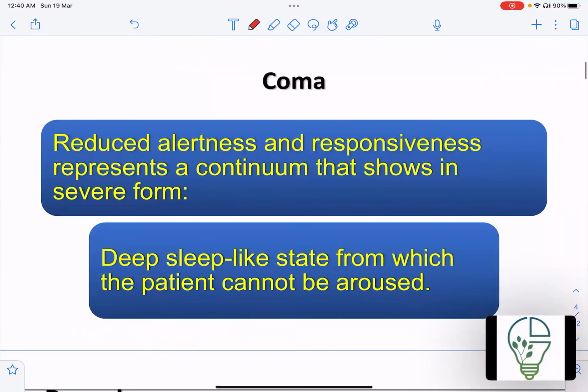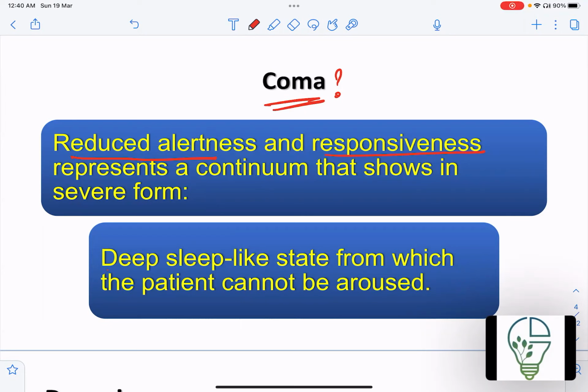So moving on, what is coma? We've all heard this term at least once in our life, either through somebody we know who is affected by it, or through movies or series. So what is coma? Coma is basically reduced alertness and responsiveness. And it could be continuous, it could be intermittent, or a patient goes into coma, eventually recovers, or they just keep deteriorating and become vegetated.